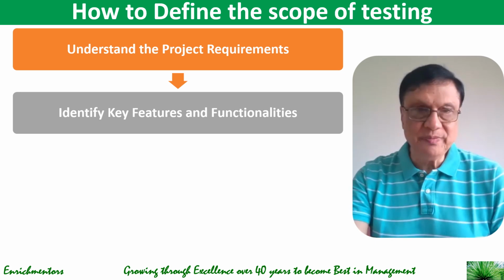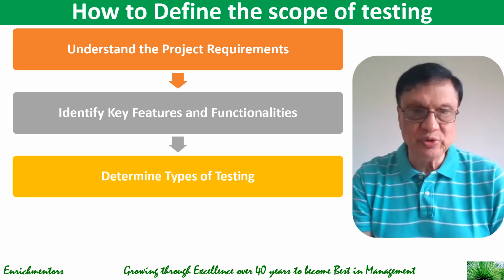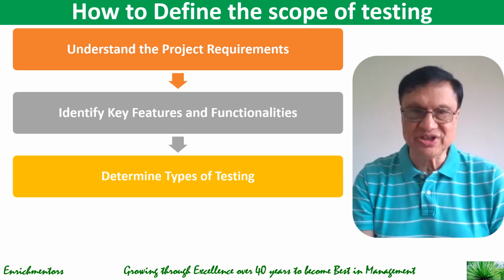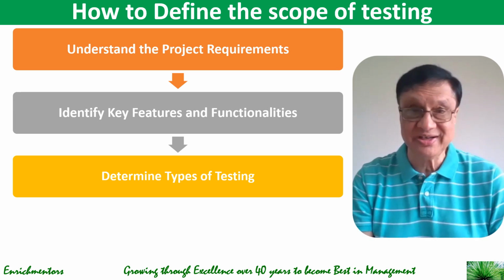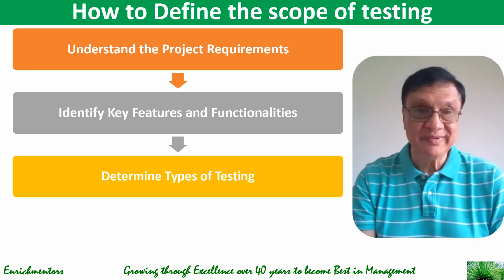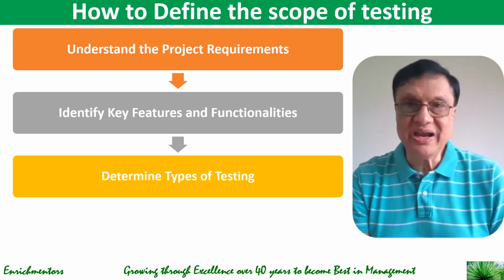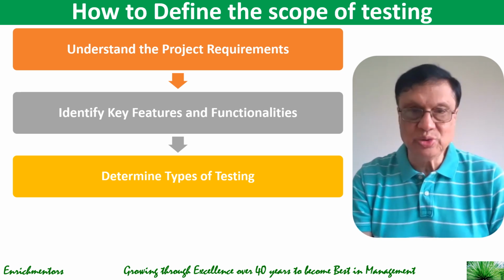The third step is to determine the type of testing. You decide on the types of testing needed, such as unit testing, integration, system and performance testing, security testing, and user acceptance testing. Each type of testing should be linked to the identified features and functionality.